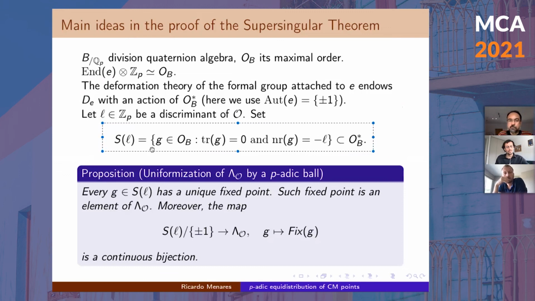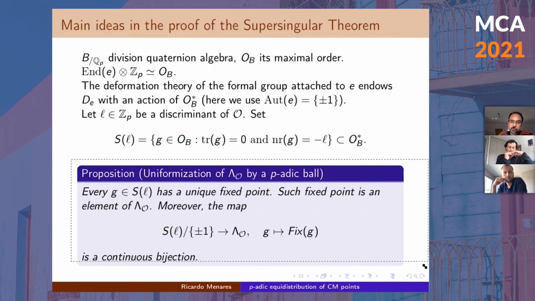Now inside the quaternion algebra, consider what we call a p-adic ball of radius L, where L is a p-adic integer. This will be the set of elements in O_B with trace 0 and norm equal to minus L. These are all units because L is a discriminant, so it's not divisible by p. I will stop here.